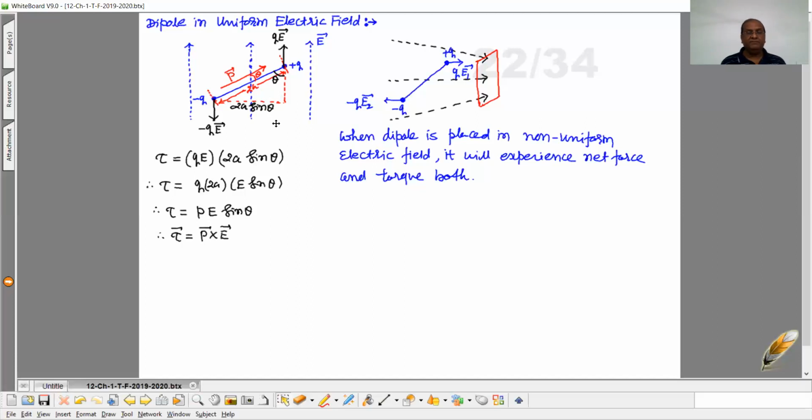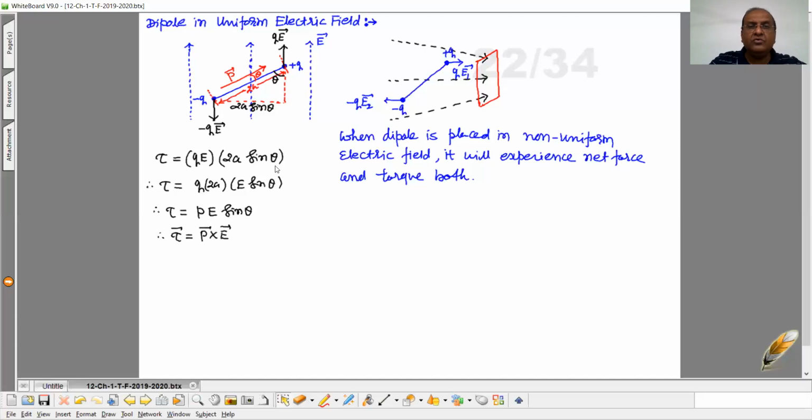Now as per definition of the torque, we can write magnitude of any one force into perpendicular distance between two forces, that is the torque. So magnitude of the force is QE, and the perpendicular distance between these two forces is 2a sine theta, as shown in the figure.